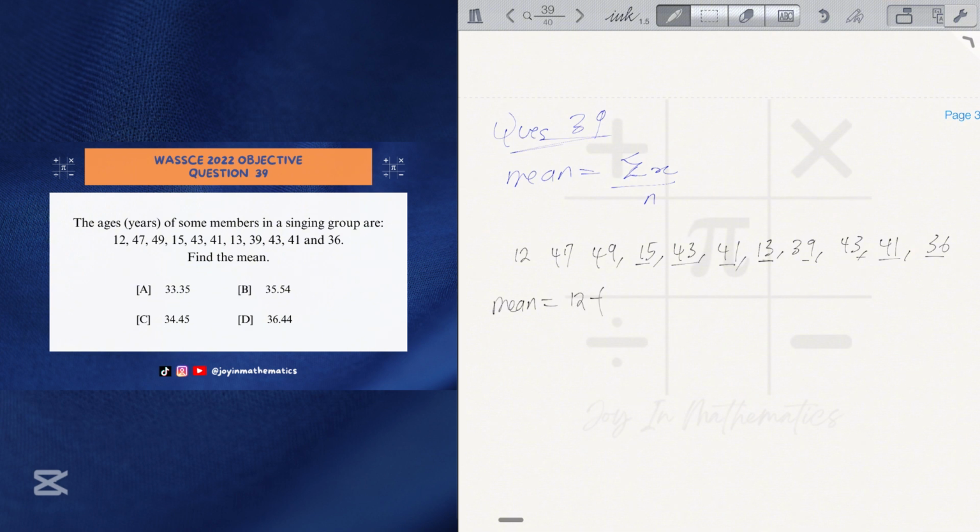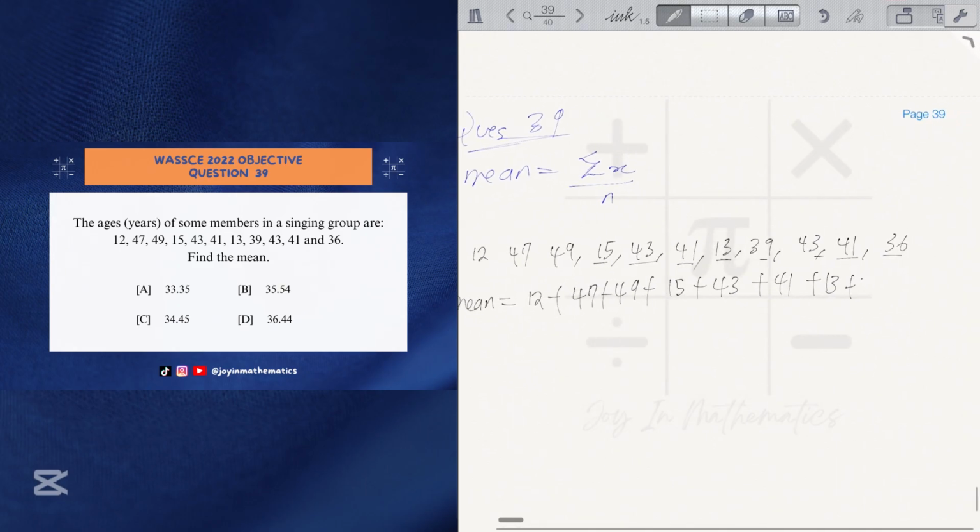So it will be 12 plus 47 plus 49 plus 15 plus 43 plus 41 plus 13, plus 39 plus 43 plus 41 plus 36, everything divided by what? n is equal to 11, so divided by 11.